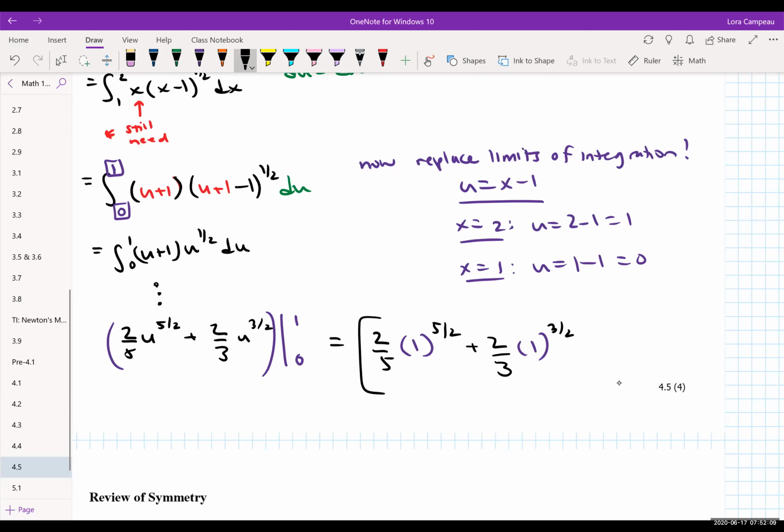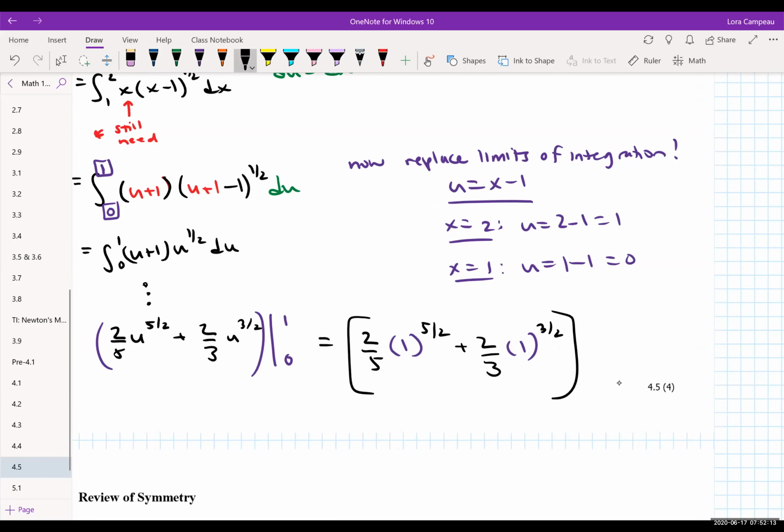The fundamental theorem of calculus tells you to plug in 1 to that situation. And then you're subtracting off what you get when you plug in 0. Well, what happens when you plug in 0 to both of those? No matter what, you get a 0 back. So that's nice. You don't have to worry about that second piece now. So we do a little bit of math, clean it up a little bit. 1 to the 5/2 is still 1, so we have 2/5 plus 2/3.